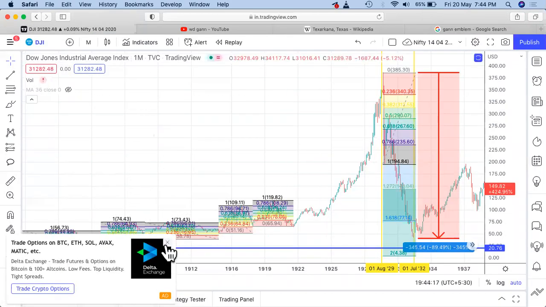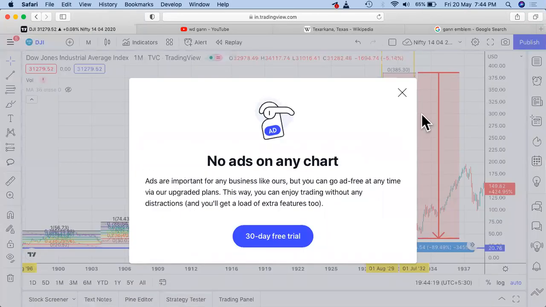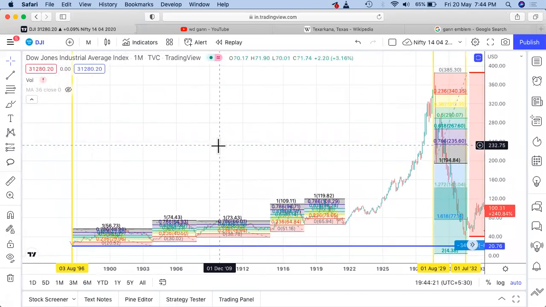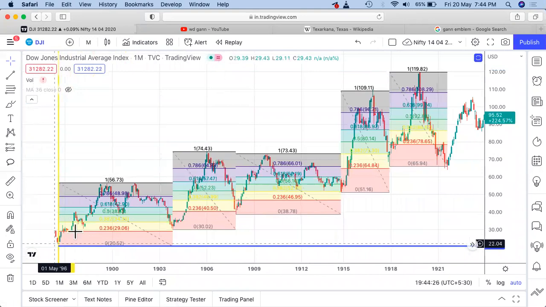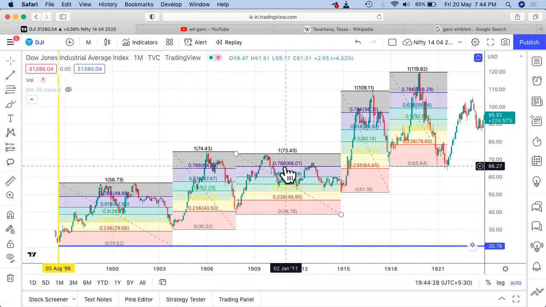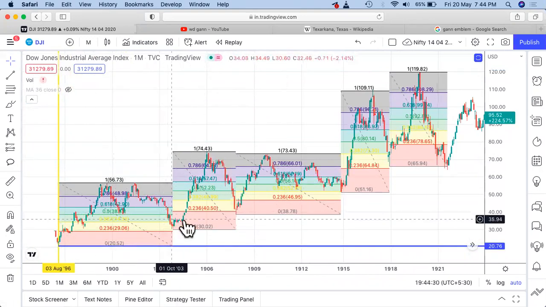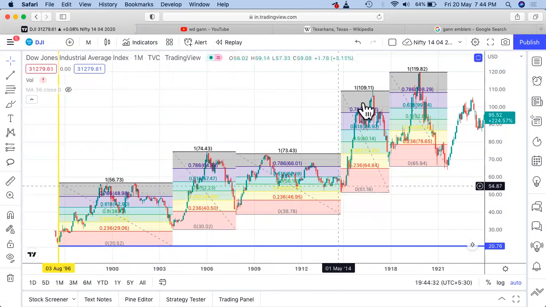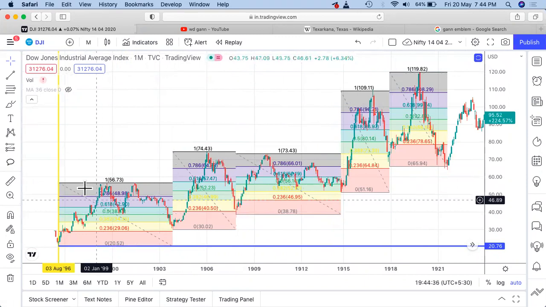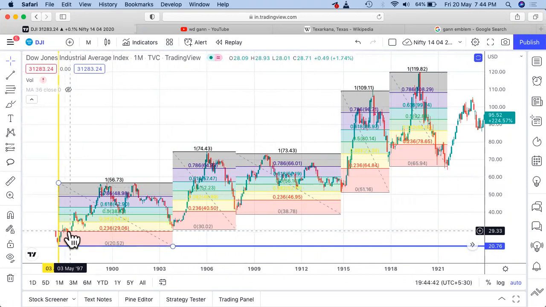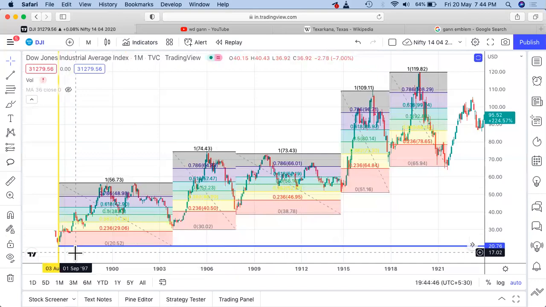This is the monthly chart, and if we see right before that, probably this is how the market was. This is in terms of Fibonacci that I've tried to mark out, the high, low, high and low, high and low, high and low. The market till this part was starting from 1897 to be precise, because before 1900 it was 1897.